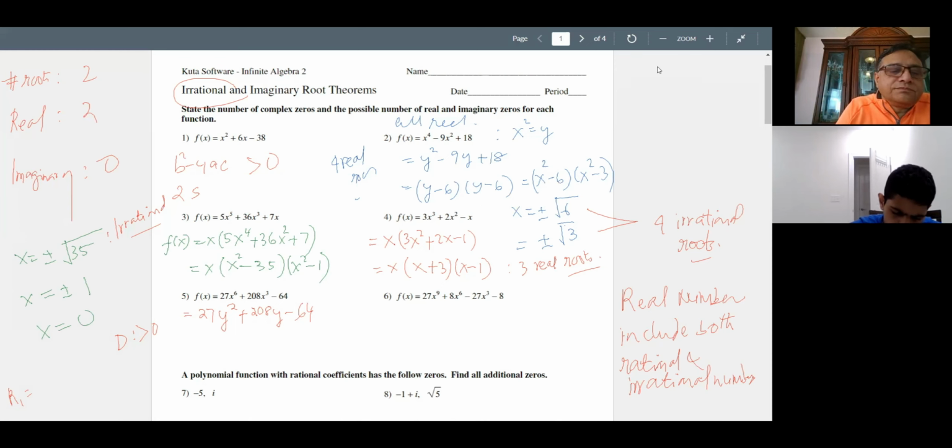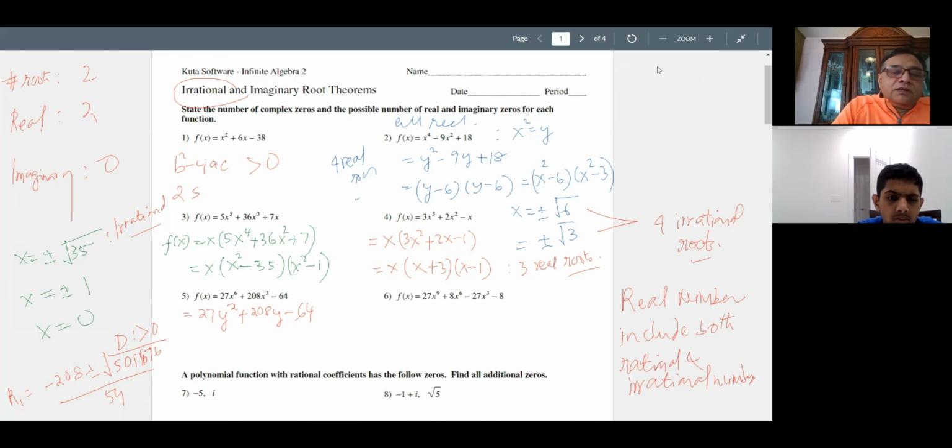Oh, okay. It is negative 208 plus or minus square root of 50176 over 54. Okay. So correct.